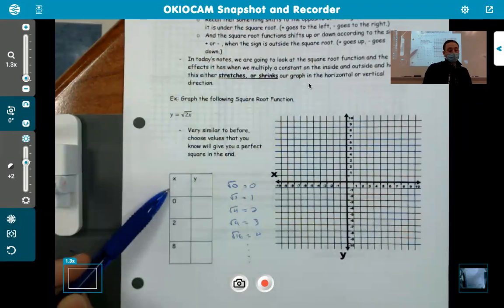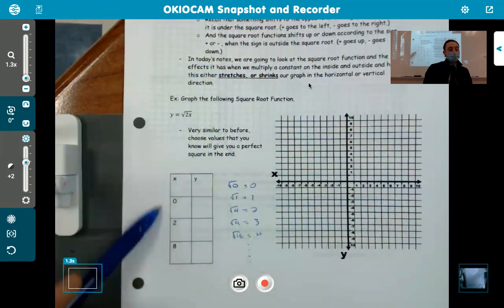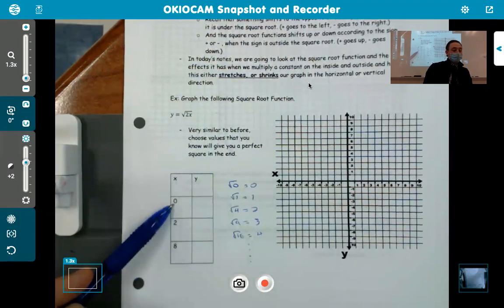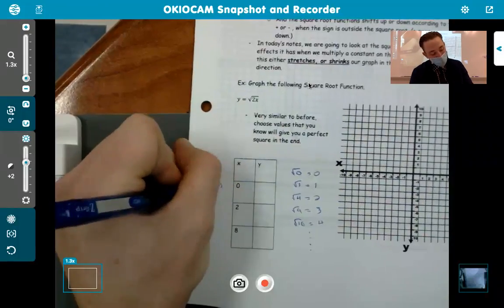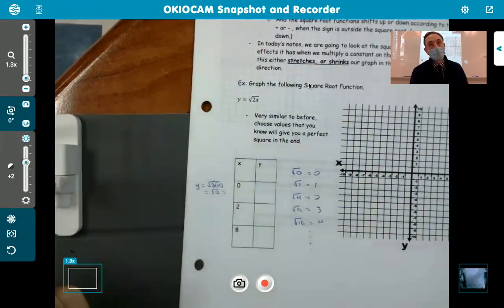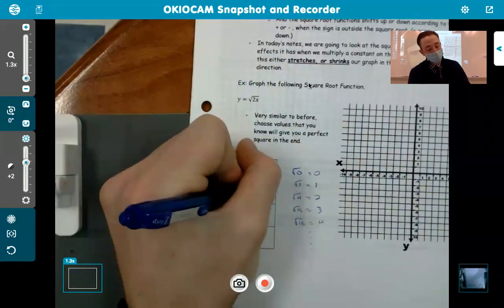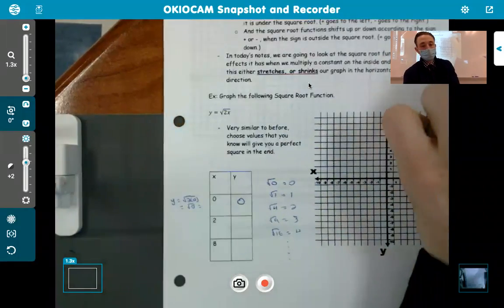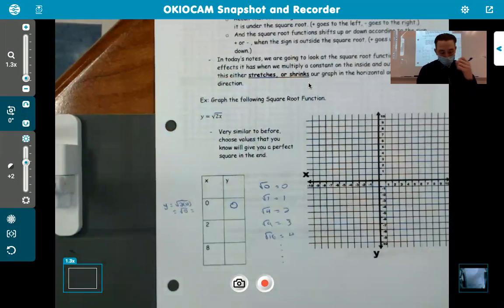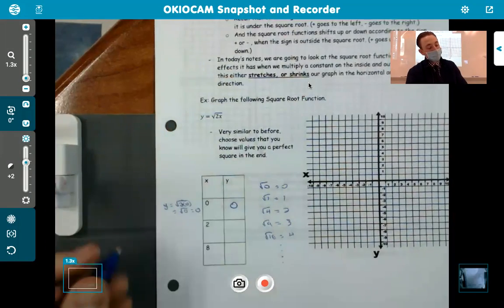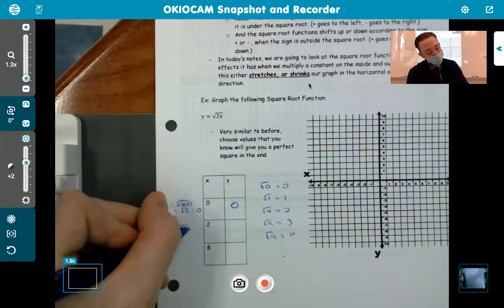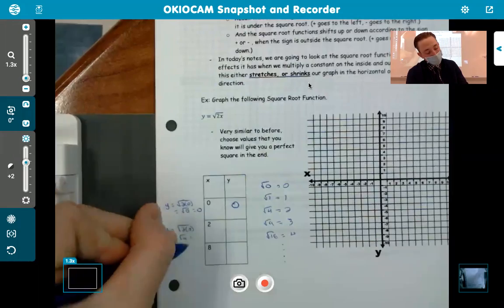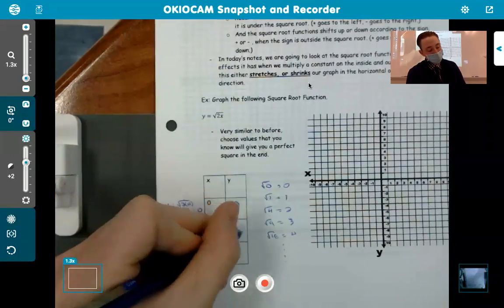So this first example, I gave you kind of the table of values to choose. If you plug in 0, well, that gives me y equals the square root of 2 times 0, which is the square root of 0, which we know to be what? Just 0. The second value, y is equal to the square root of 2 times 2. Well, that's going to give me the square root of 4, and the square root of 4 gives me what? 2.